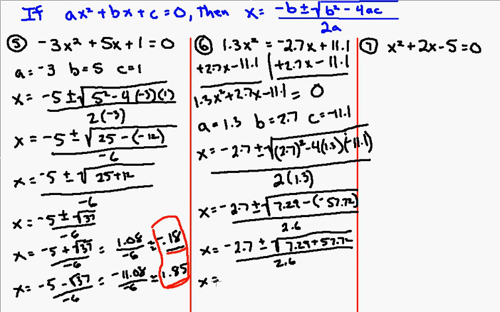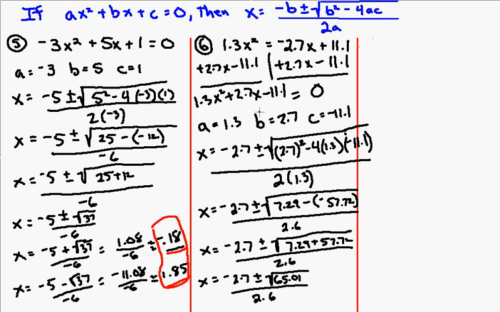So I have x is equal to negative 2.7 plus or minus the square root of 65.01, all over 2.6. I think we're going to have to continue this on to the next one, so we're going to erase number 7 and just work this right up to the next one.